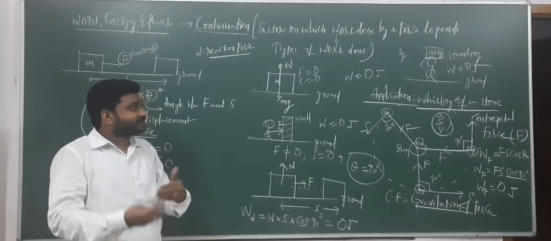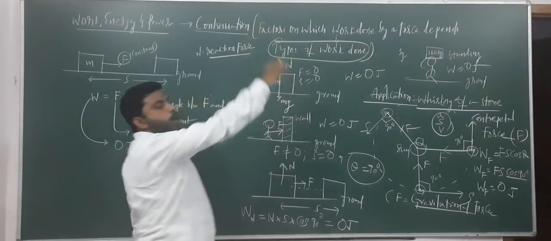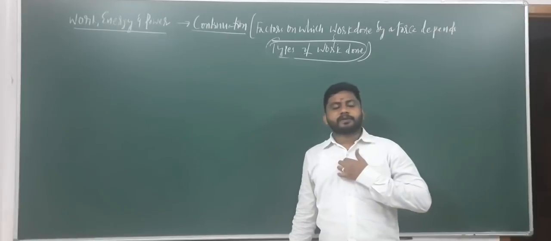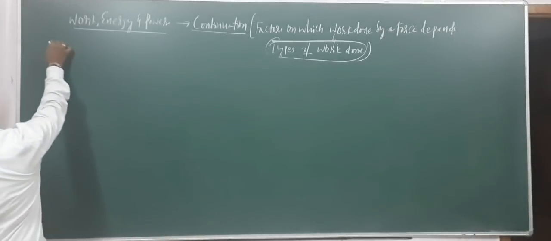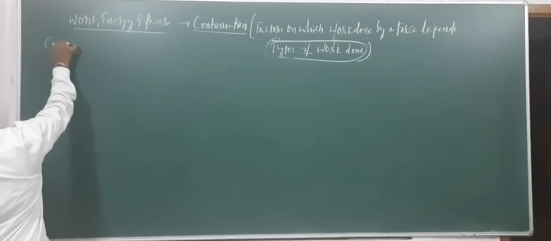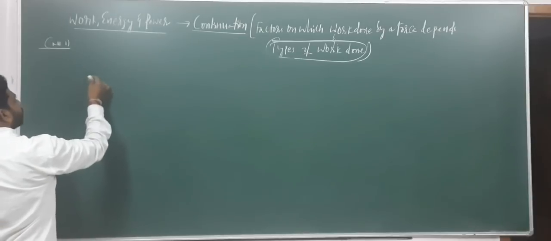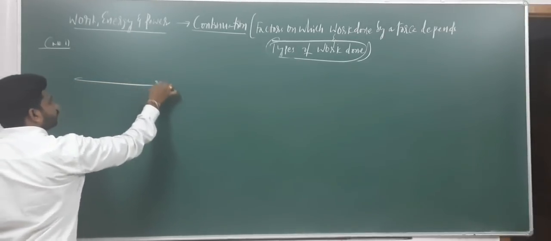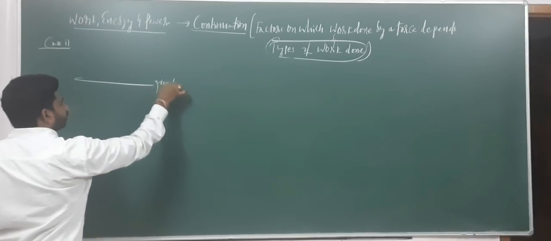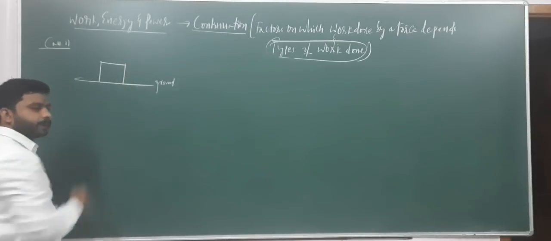Clear? Now let us discuss the types of work done. So my dear students, let's continue. Look at here. Case 1. So this is the ground. There is a body placed here.